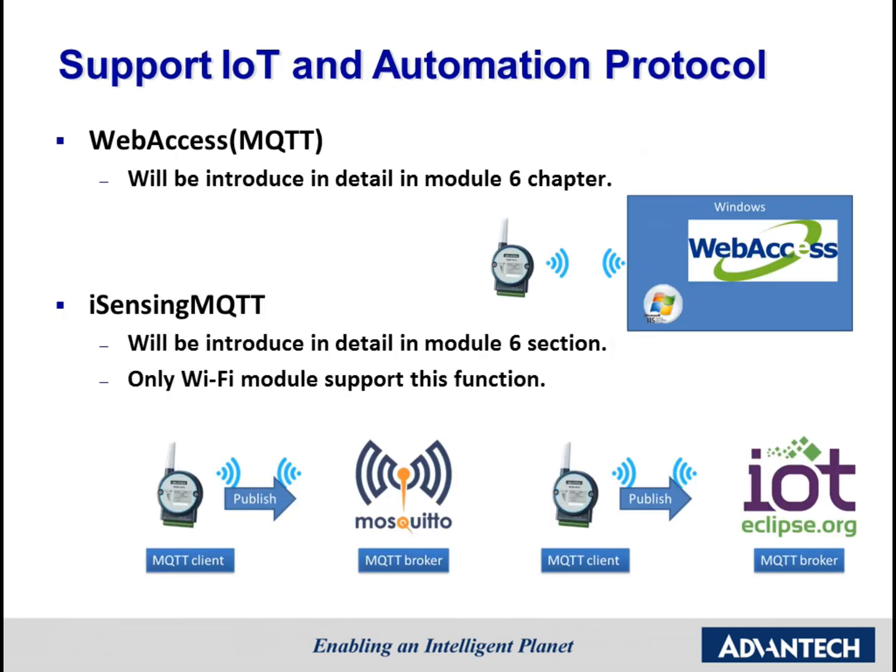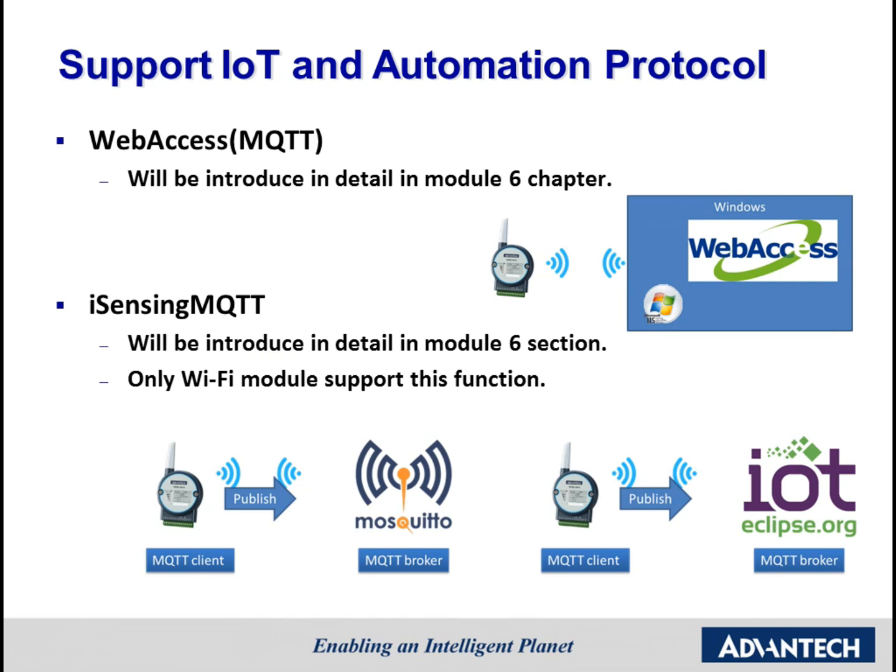For MQTT protocol, WISE supports 2 different kinds of broker. All of the WISE 4000 series supports WebAccess MQTT, which also uses standard MQTT protocol, but with the WebAccess payload standard. This standard helps WebAccess accept the commands and configurations and all the associated functions to communicate with the WISE 4000 series.